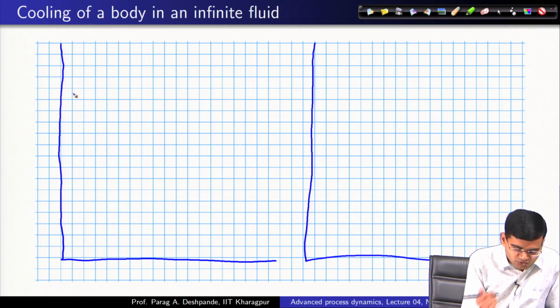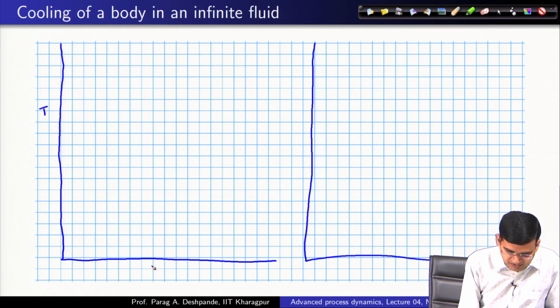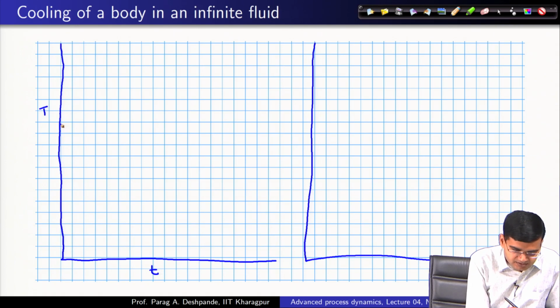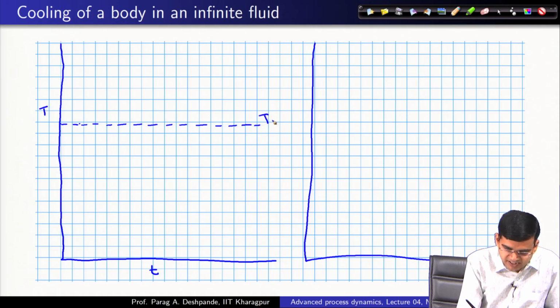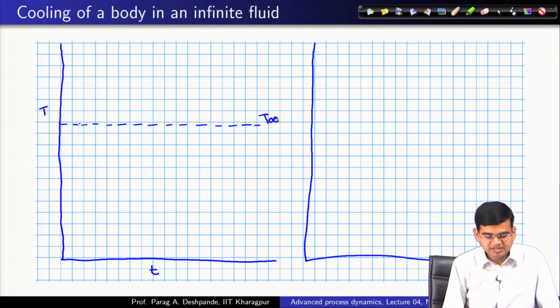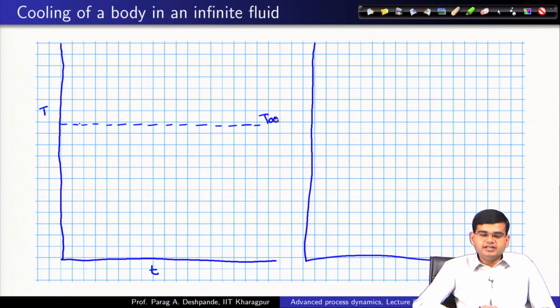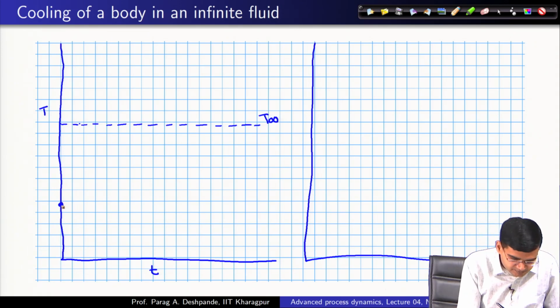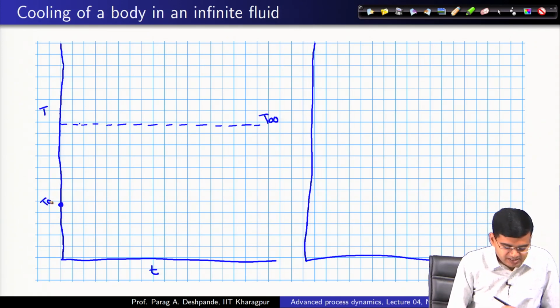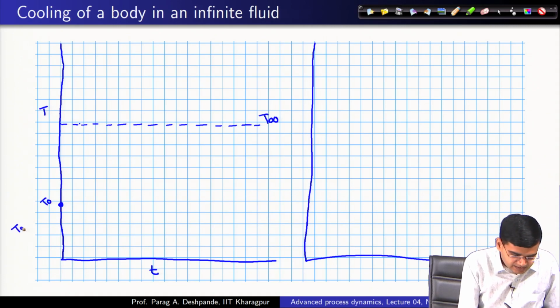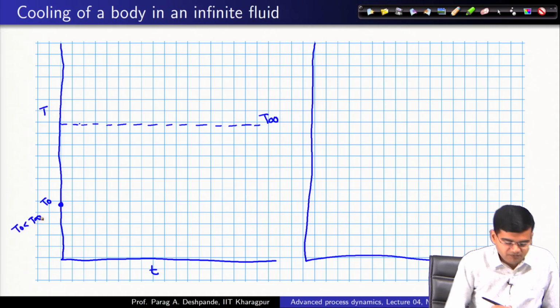So, I can superimpose both of them. I have T here, I have T here. So, if this is my T infinity, then when T 0 is less than T infinity, what is going to happen?